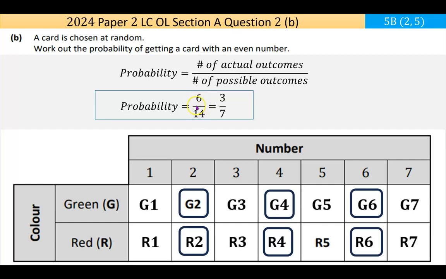That should get you the marks, but we always try to leave our answer in the simplest form. Run through the calculator, it'll give you 3 over 7. Or if you look for a number that will divide evenly into top and bottom, that will simplify it. In this case, 2 into 6 goes 3 times, 2 into 14 goes 7 times. So our answer is 3 over 7. No need to go decimal unless they ask for it, but you can if you want.